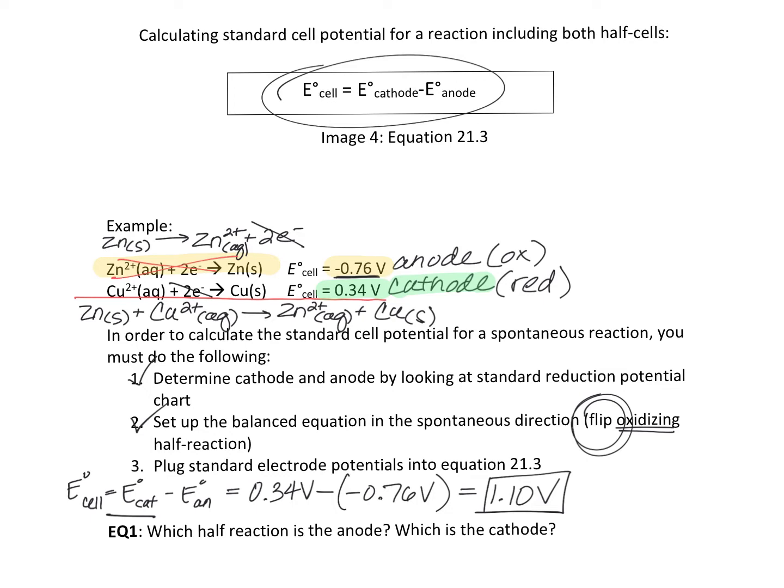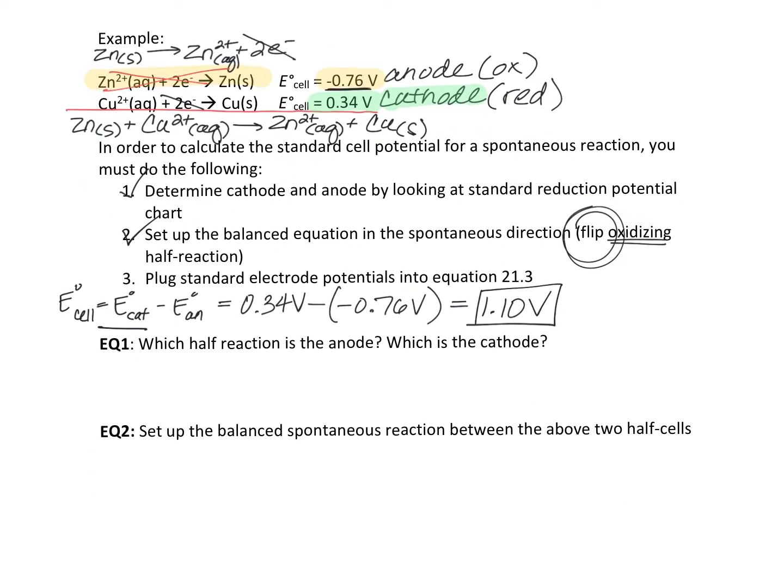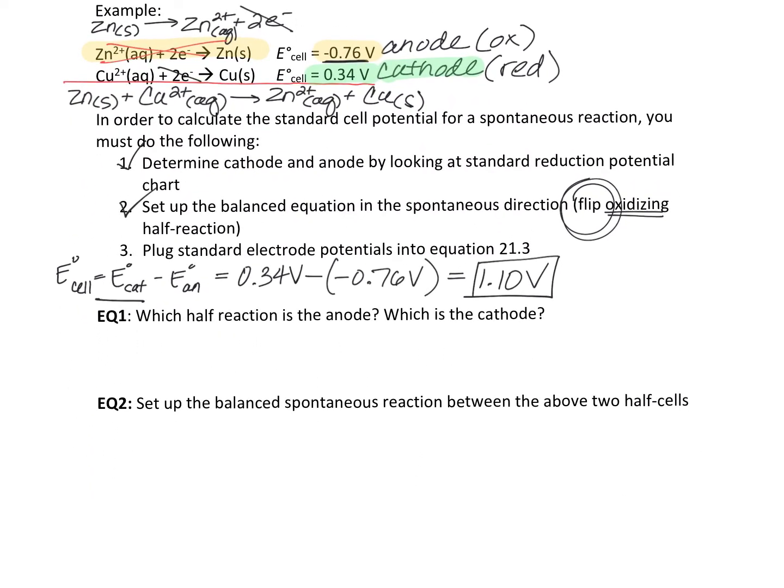So that's a good check for you moving forward. If you end up getting negative values for a voltaic cell, then flip those values, invert them. All right, so take a second to look at example question 1 and 2. You can pause here, and then when you are done, check your answers.